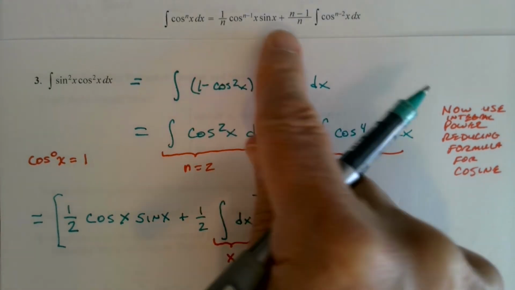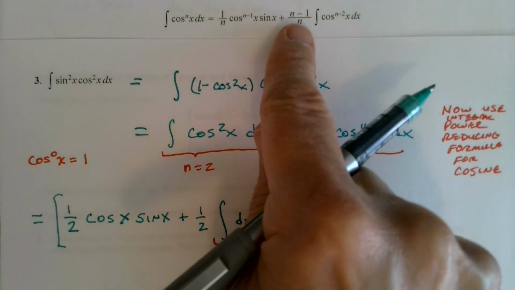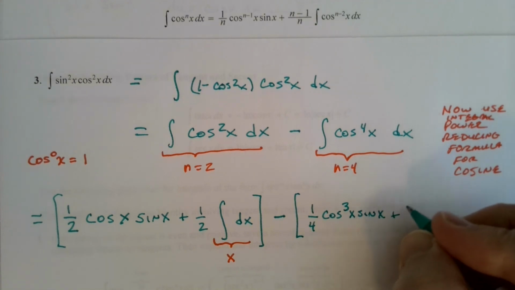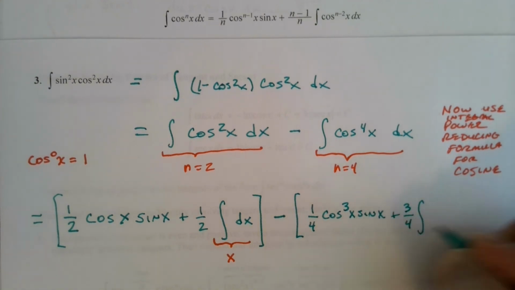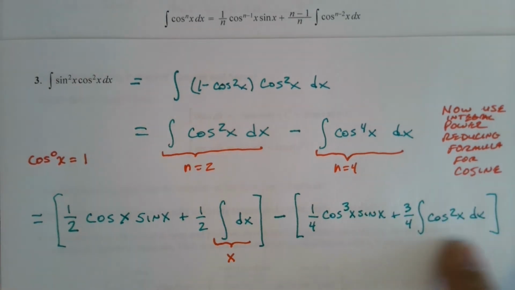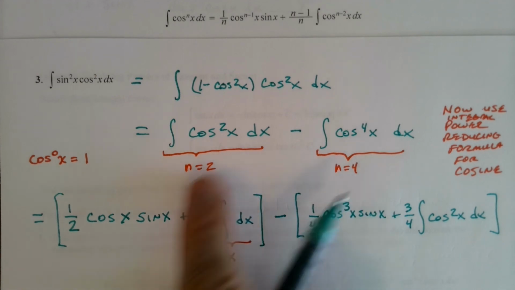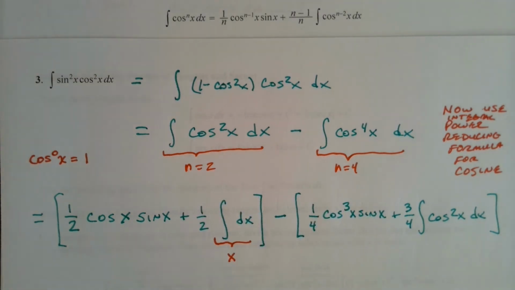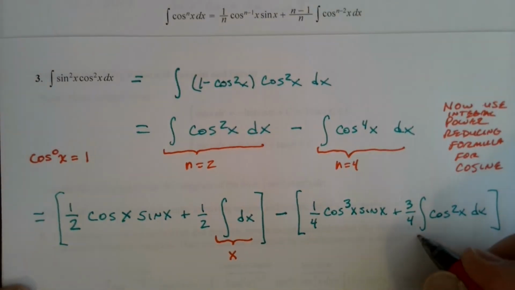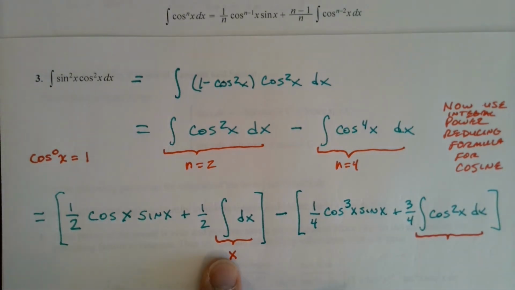So that's that first part. n is 4, 4 minus 1 is 3/4 integral cosine of 4 minus 2 is 2, cosine squared x dx. Well, now we have to integrate cosine squared x, but we just did that with the formula. And so we're going to replace all of this with what we have here.